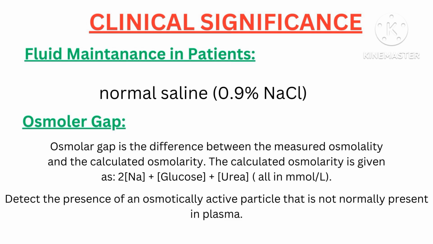Fluid maintenance in patients. When administering fluids to patients, an important consideration is the osmotic content of the solution. In the case that the patient does not have any underlying electrolyte abnormalities, normal saline, 0.9% sodium chloride, is a common choice for maintenance, particularly in pediatric populations, as it mimics the tonicity of blood.